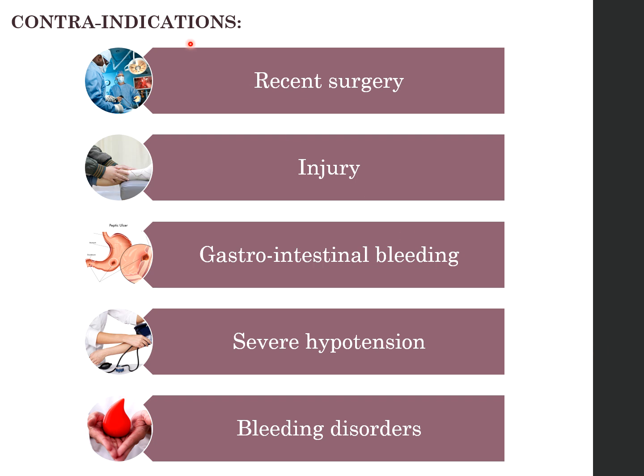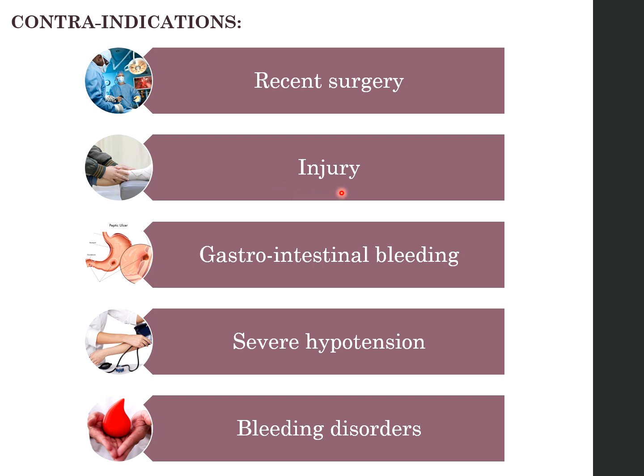Contraindications. When should we avoid thrombolytics? In recent surgery, because stitches are put to reduce bleeding. If we give thrombolytics, the clot that has formed will break down and may cause bleeding.